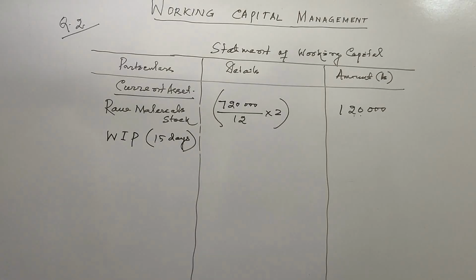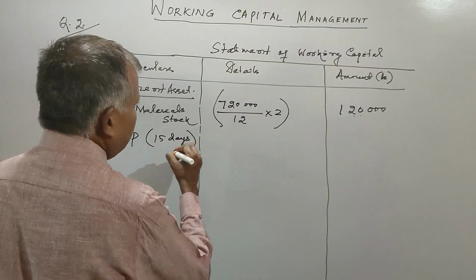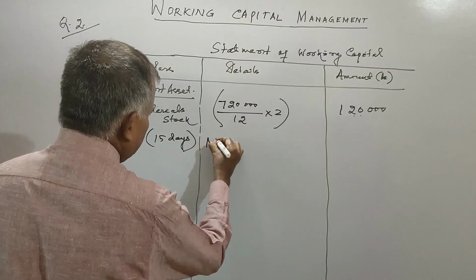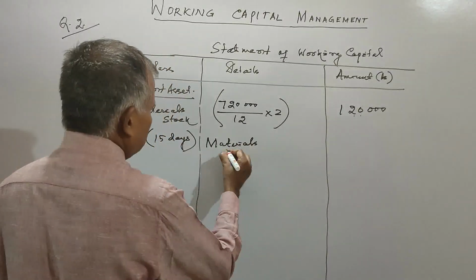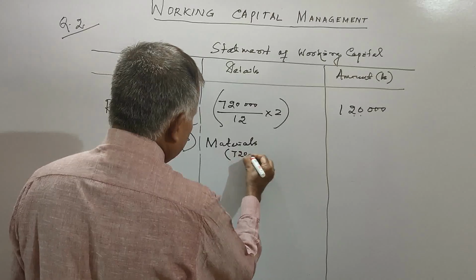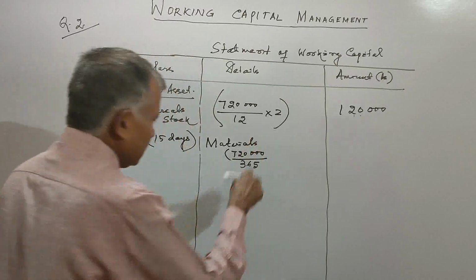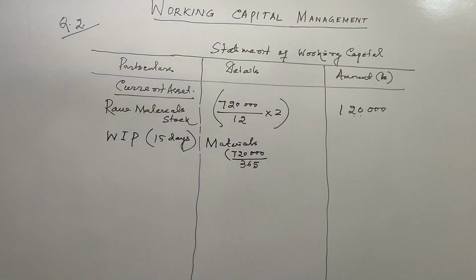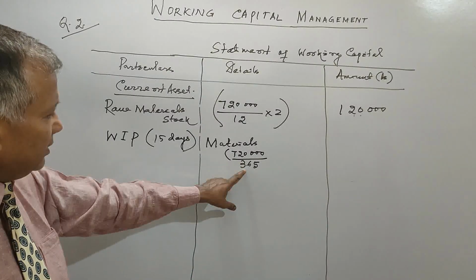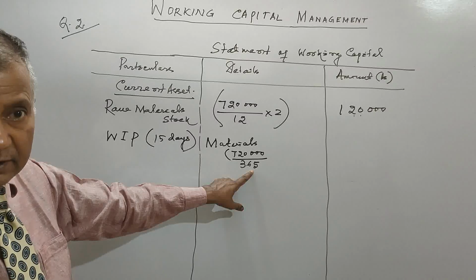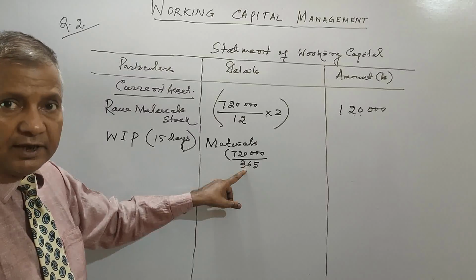If we consider the 15 days, we know that in case of work in progress, we take the materials at 100%. Materials will be 7,20,000 divided by 365. Friends, they have given you the 15 days stock. Since it is days, I have taken 365 days.